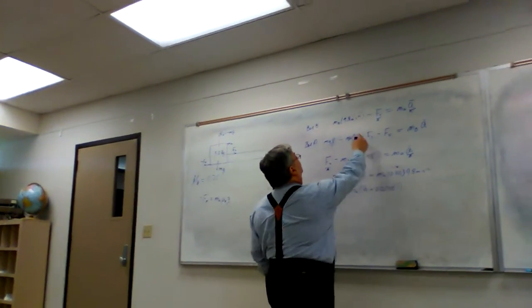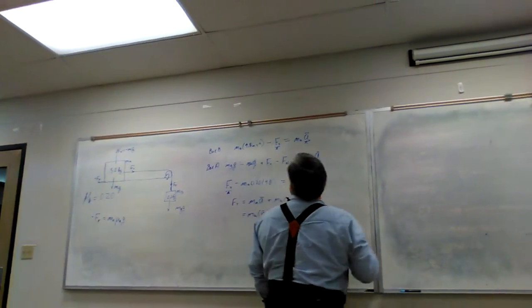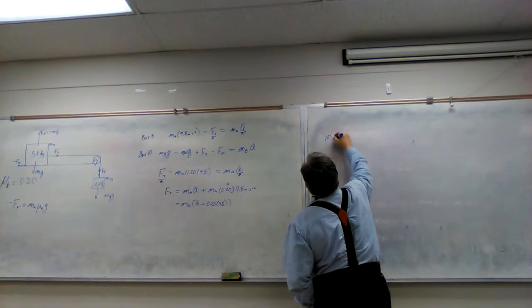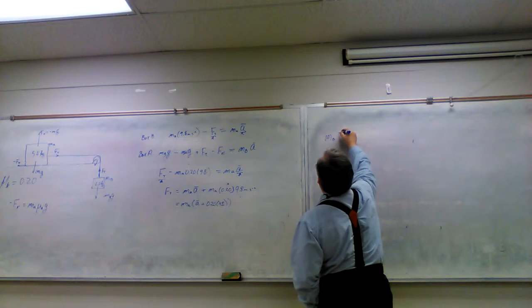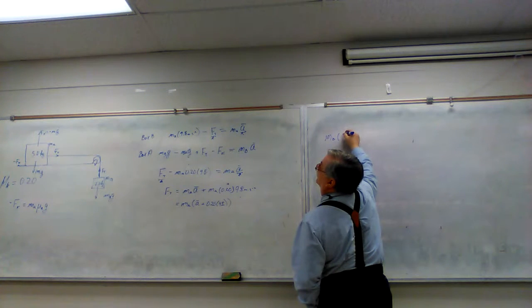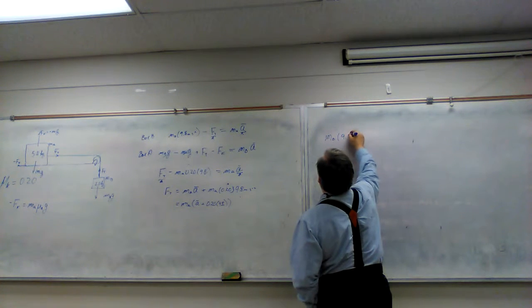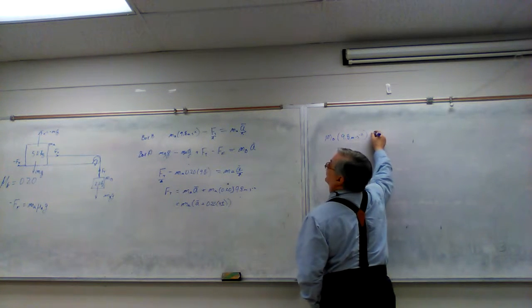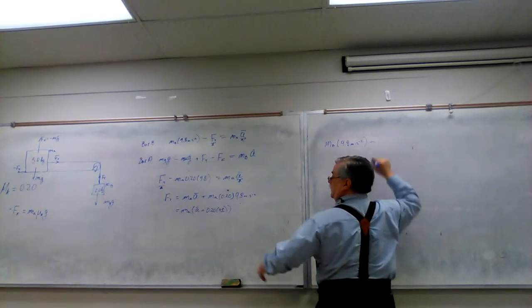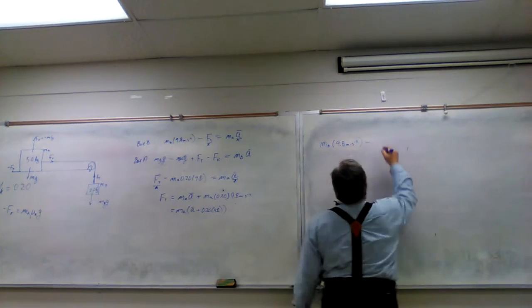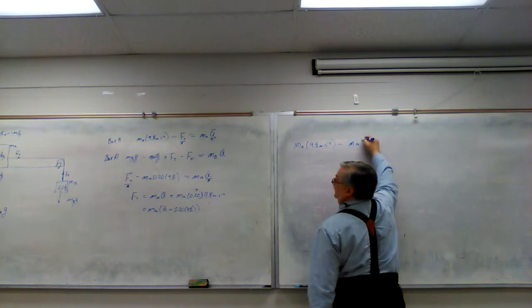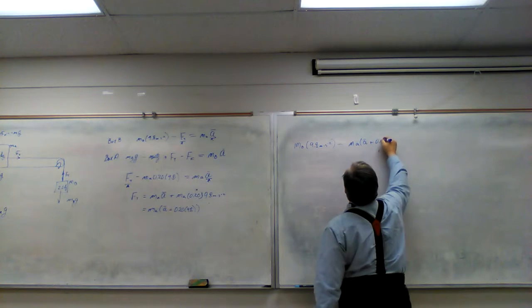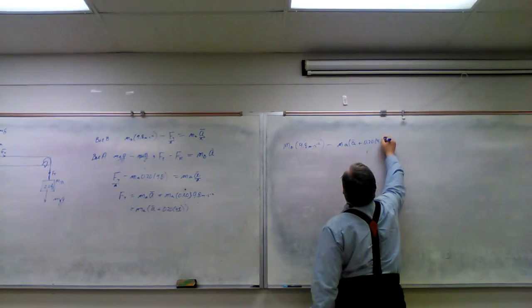So let's replace it up here and rewrite this box B equation as mass B times 9.8 meters per second squared minus the force due to tension, mass A times acceleration plus 0.20 times 9.8.